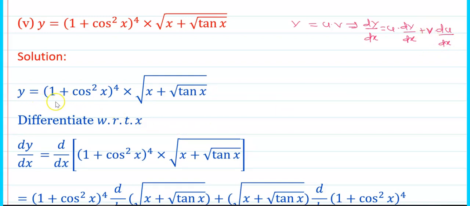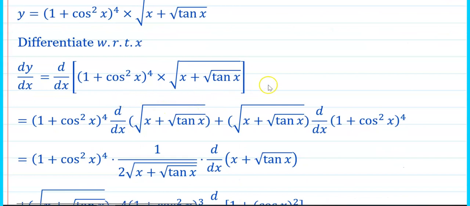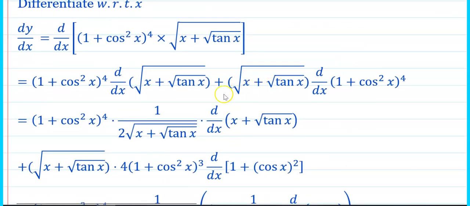Similarly here y is equal to (1 plus cos square x) bracket raised to 4 into (root of x plus root of tan x). इथे d/dx. पुन्हा आपण तिथे product rule इथे normally apply केलेला आहे. First as it is, derivative of the second, okay, plus second, derivative of the first. आता याचा derivative काढताना first of all, what is here?